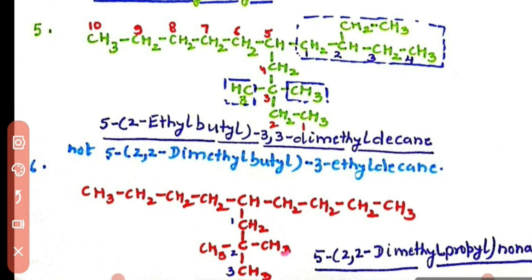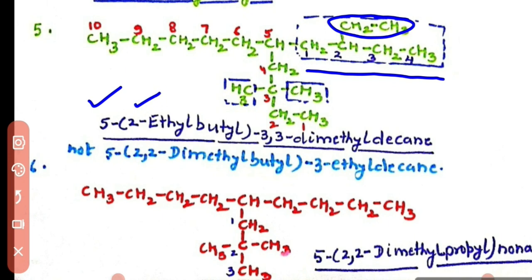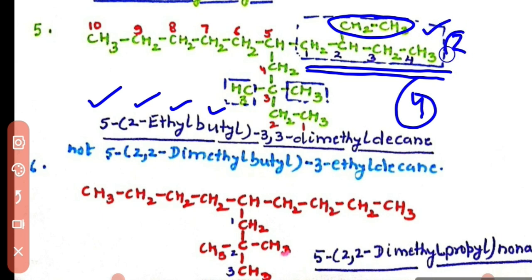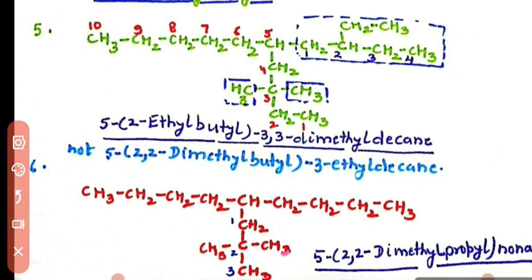So in that case you have to select the longest chain containing the maximum number of substituents or branches. So the principal chain will be the one in red color, and the numbering should be done 1, 2, 3, 4, 5, 6, 7, 8, 9, 10 as represented in the red color, and the rest are the branches. Now there are 2 methyl groups here. There is a complex branch which is named 2-ethyl butyl.